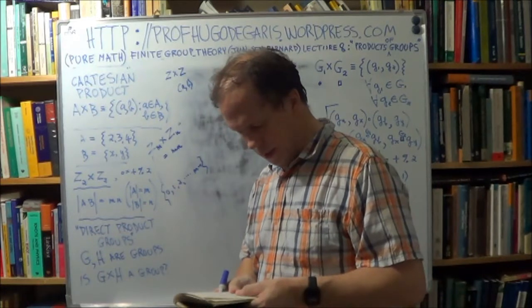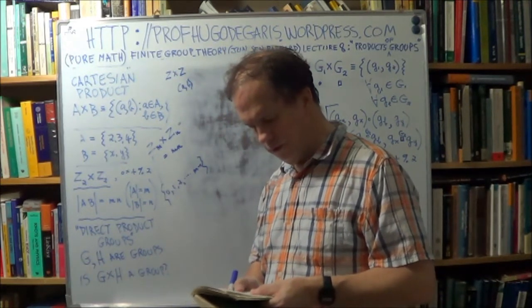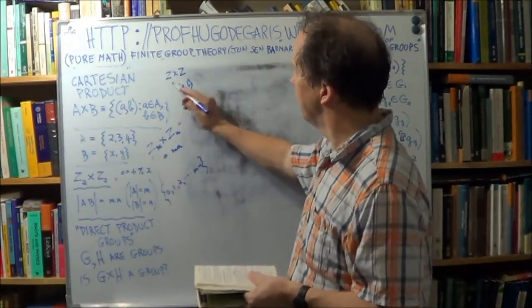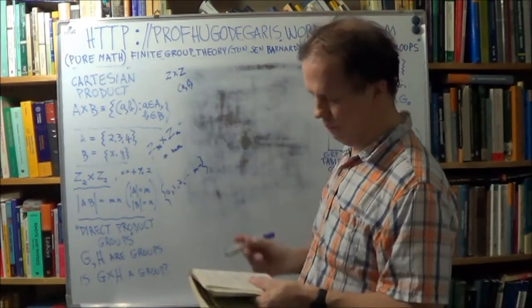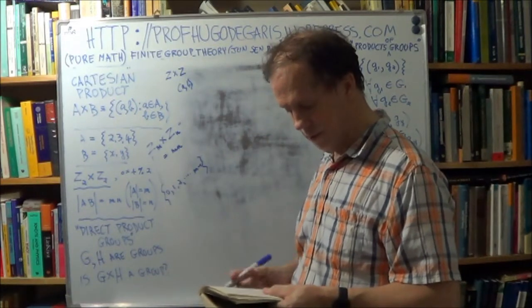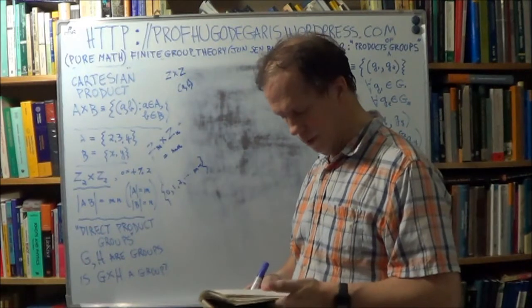Number 4. You cannot form the direct product G by H if G is infinite. No. Your G might be Z, for example. You can define a direct product of groups where G is infinite. It's defined, so that's false.